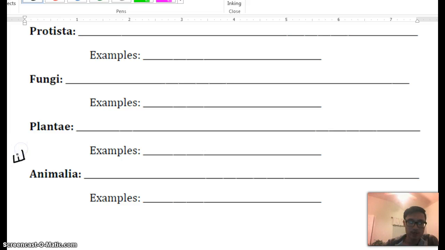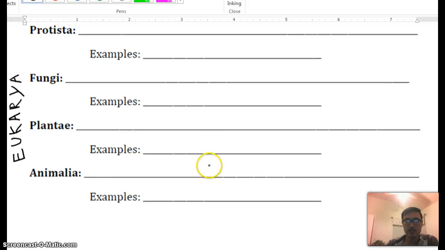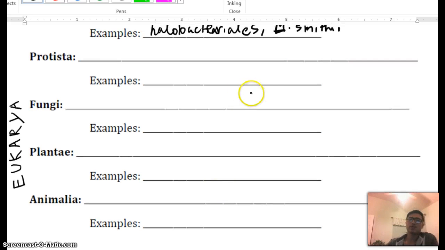These are all going to be eukaryotic, meaning that they do have a nucleus. So these are all part of the domain eukarya. Okay. Protista, fungi, plantae, and animalia.